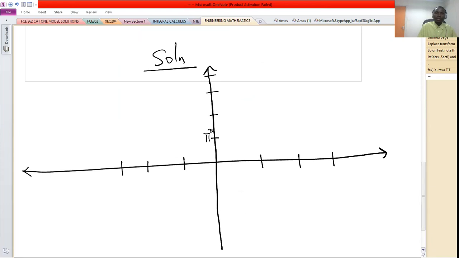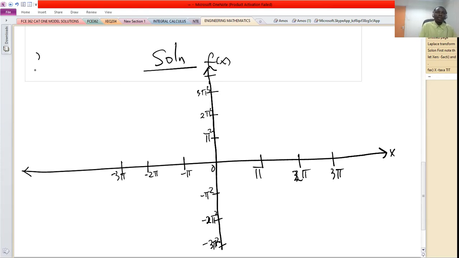Let this be pi squared, two pi squared, 3 pi squared, etc. 0, minus pi, minus 2 pi, and then minus 3 pi, pi, 2 pi, and 3 pi. And then minus pi squared, minus 2 pi squared, minus 3 pi squared, etc.